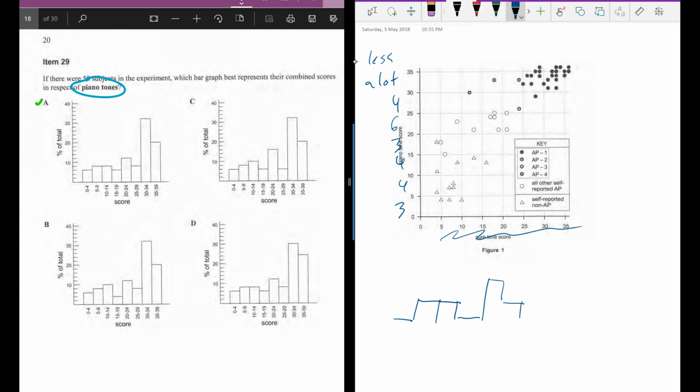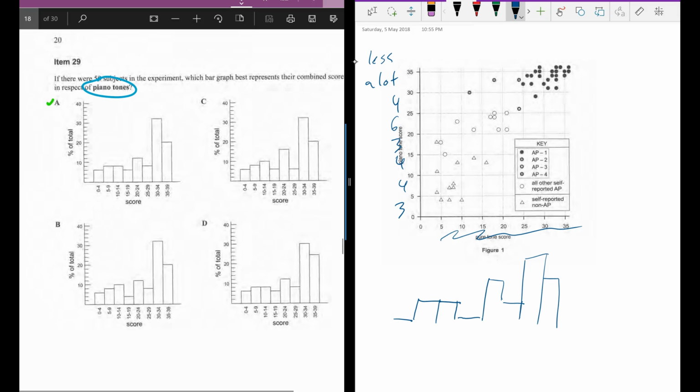Yeah, and then a big bar and a small bar. So I'm going to go and look and try and match up the graphs with that pattern. And I can see over here I've got 3, 4, 4, 3, 6, back down to the same level, 4, big bar, small bar. That one fits. Okay, the other ones don't fit.